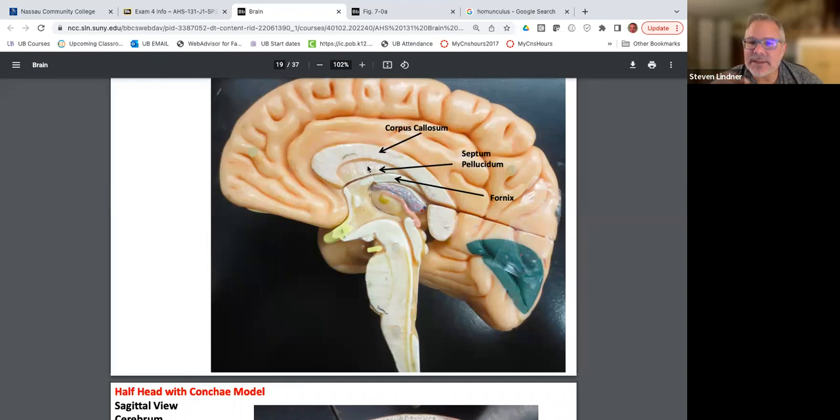They're basically chambers that allow for the flow of CSF. And CSF is the abbreviation for cerebral spinal fluid. CSF, cerebral spinal fluid. And then down below, here is the fornix.